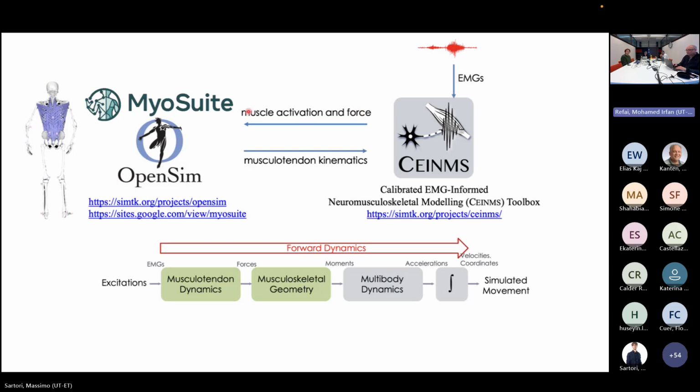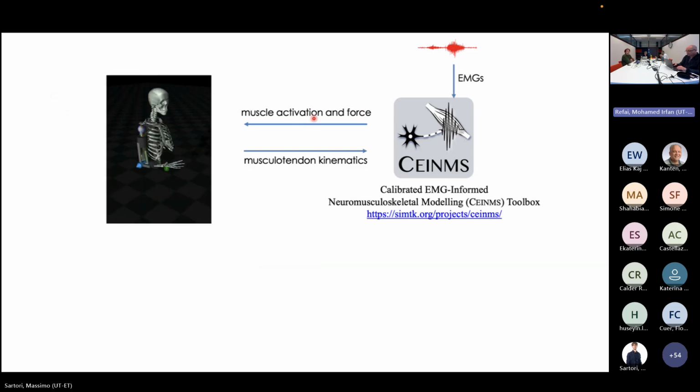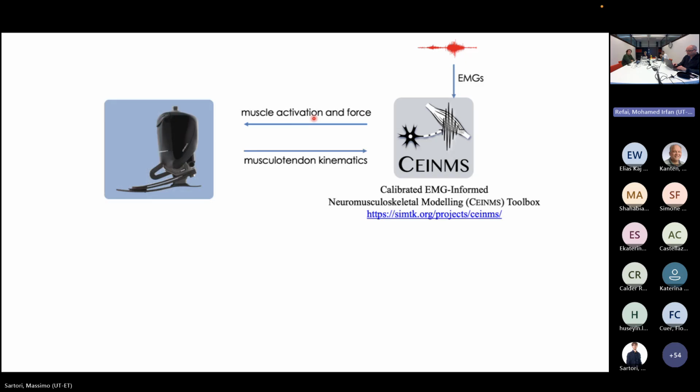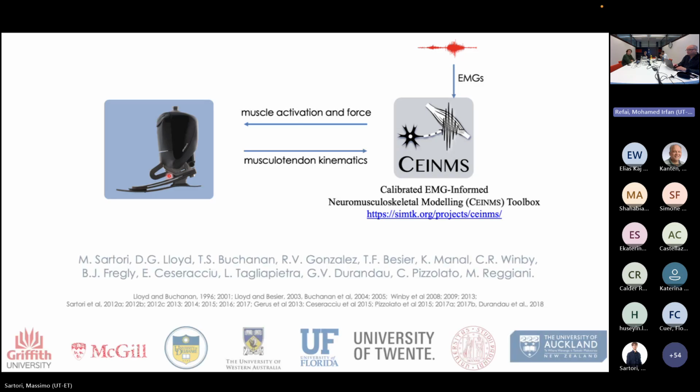And if you have good estimates of muscle tendon force and the resulting joint moments, then you can use these estimates to control digital twins in real time, or even to control physical devices such as prostheses or exoskeletons. So the CEINMS project is a long-standing project that initiated many years ago, and it's been contributed to by many universities and many collaborators that I would like to acknowledge with this slide.